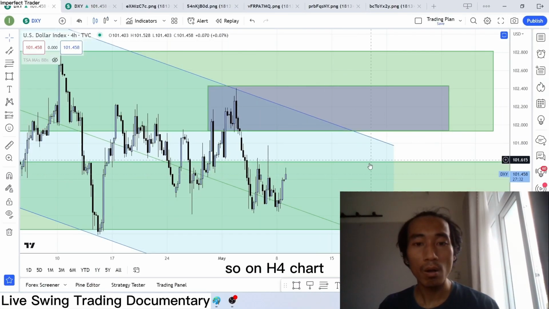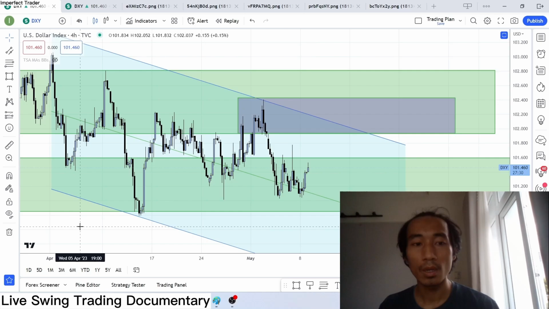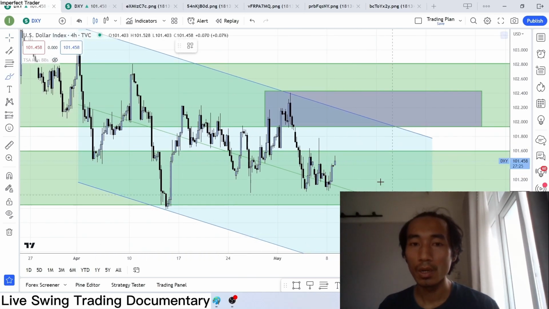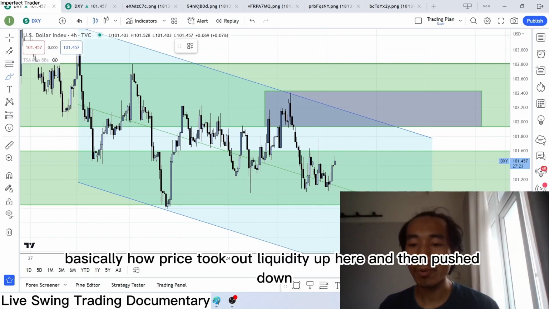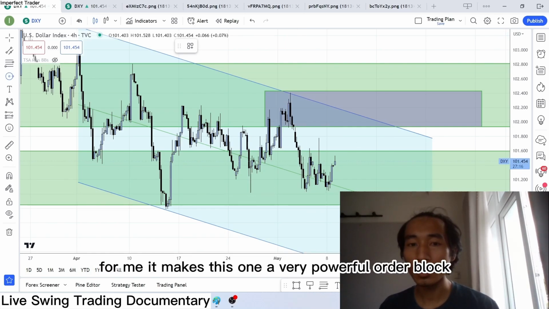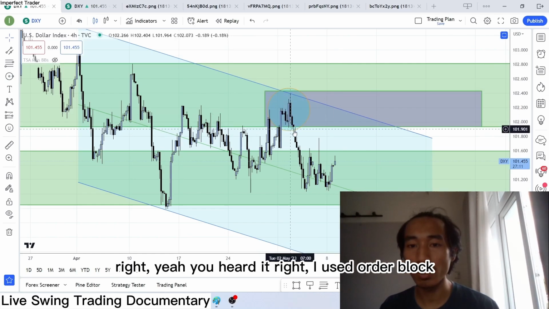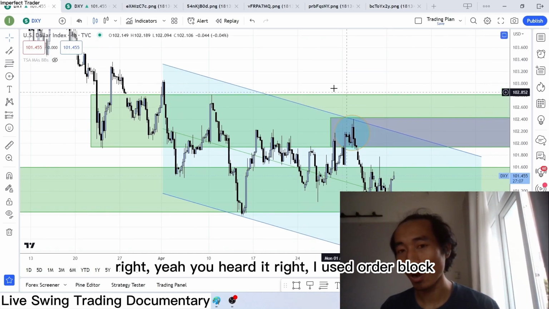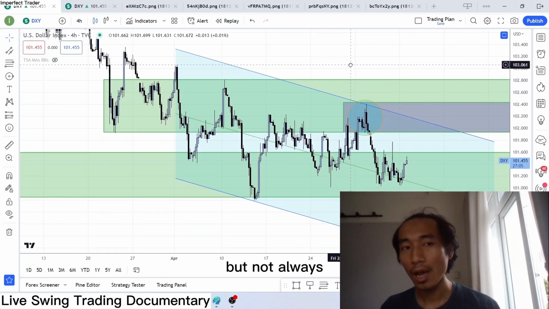So on the 4-hour chart, what I'm seeing is that basically price took out liquidity up here and then pushed down. For me, it makes this one a very powerful order block, right? Yeah, you heard it right. I use order blocks, but not always.